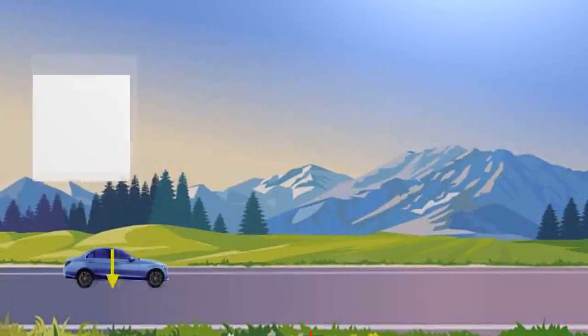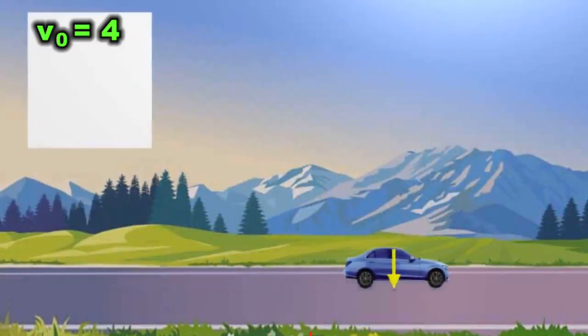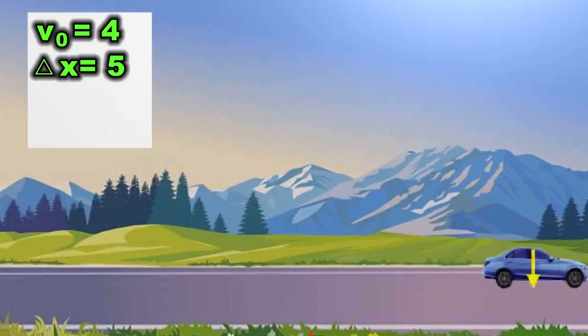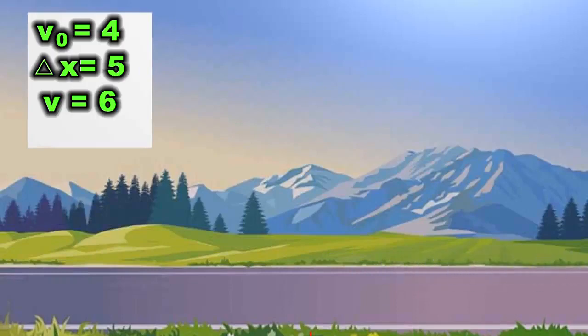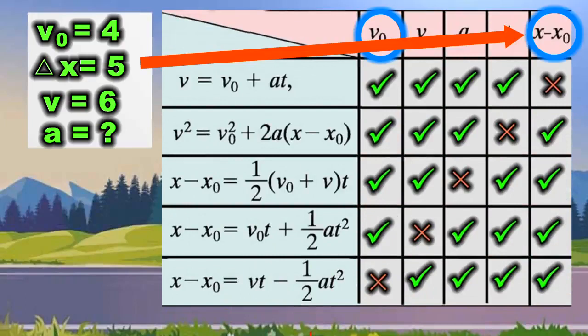Example, a moving object initially moves at a velocity of 4 meters per second, after moving 5 meters, its velocity reaches 6 meters per second. How many meters per square second is the acceleration? Answer, the initial velocity is 4 meters per second, the displacement is 5 meters.